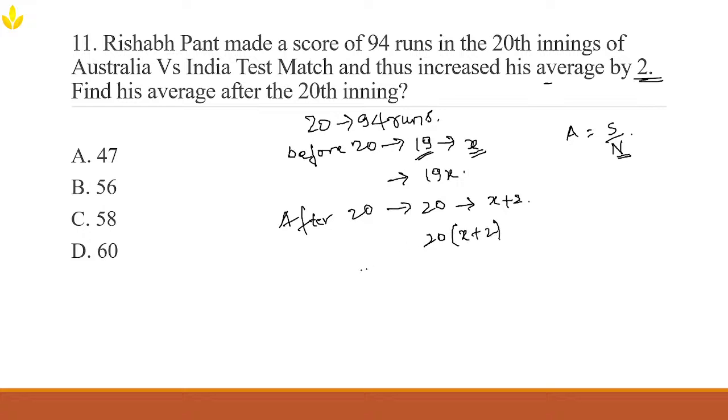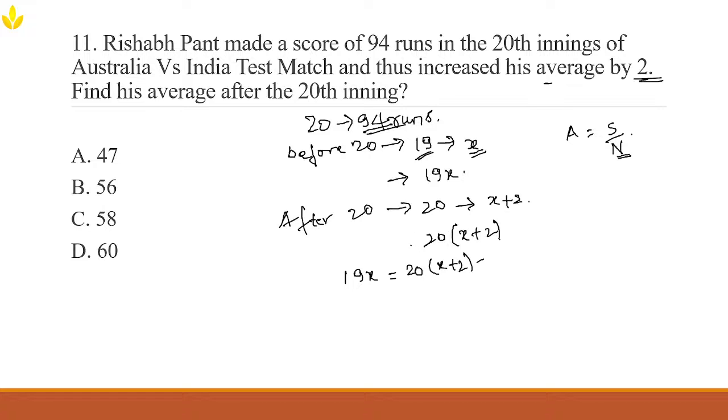So the total of the innings minus the 20th score itself is given, and after the 20th innings we equate it to before the 20th innings.